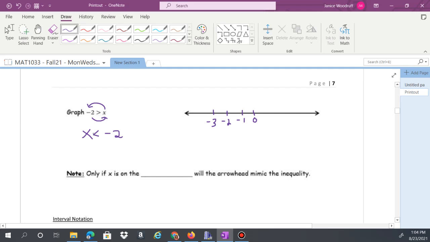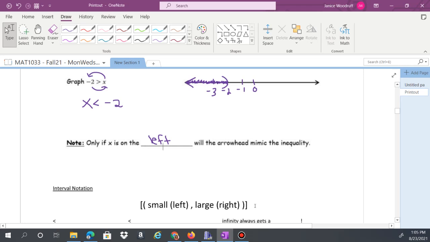This is pointing to the left, so you're going to do the left-sided parentheses, and then you're going to shade to the left. Only if the x is on the left side will your arrowhead mimic the inequality. So you have to move the x value or whatever variable to the left, then you can shade in that direction.